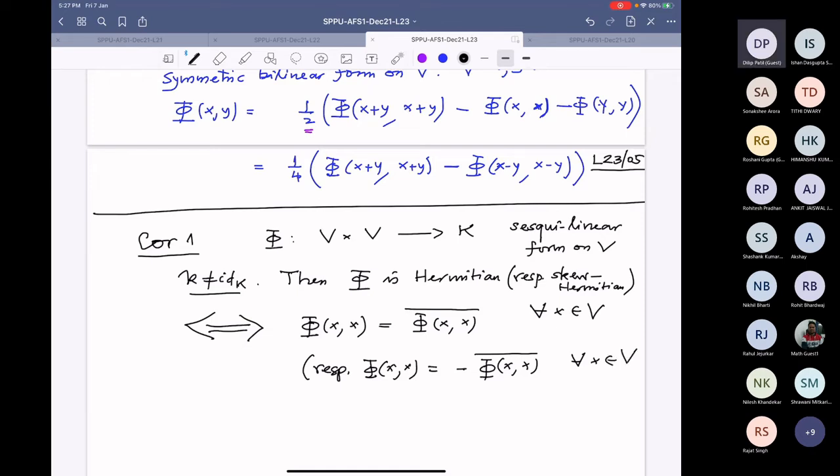You see here, obviously, when somebody gives you a form and says check it is Hermitian or skew Hermitian, how do you check? Of course, you can try to check it is bilinear, first variable linear, second variable semilinear, but this is the quickest way to check because you don't have to involve the second coordinate x.